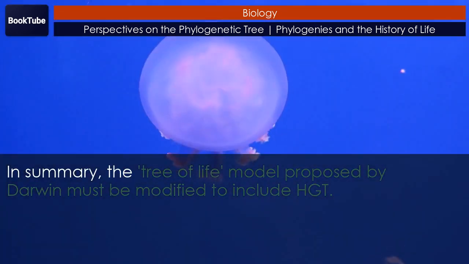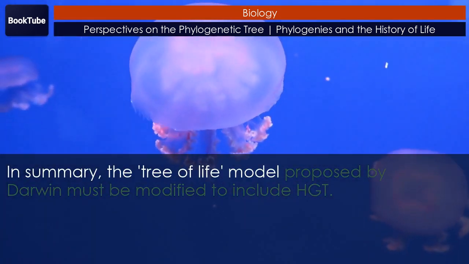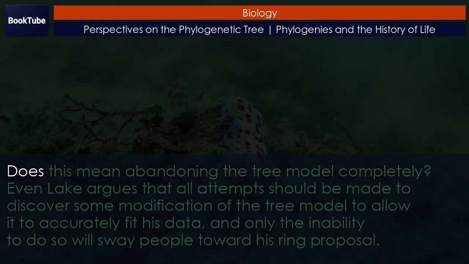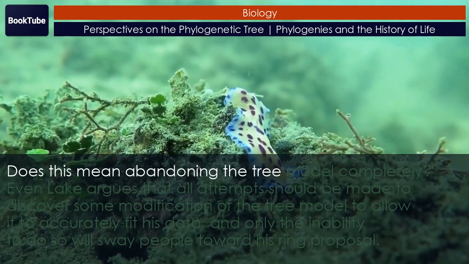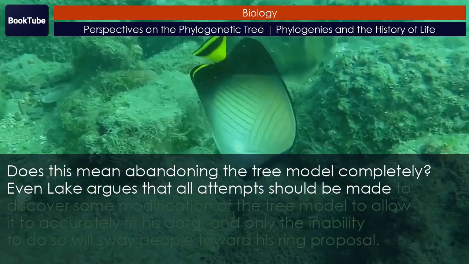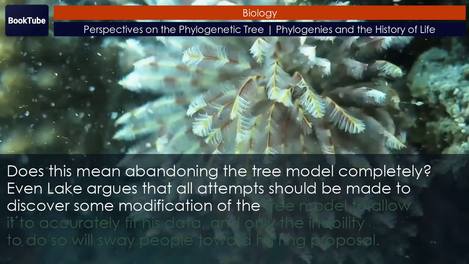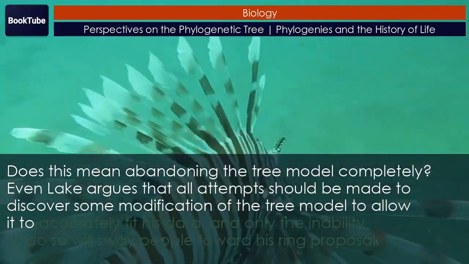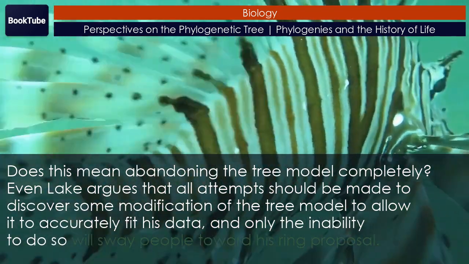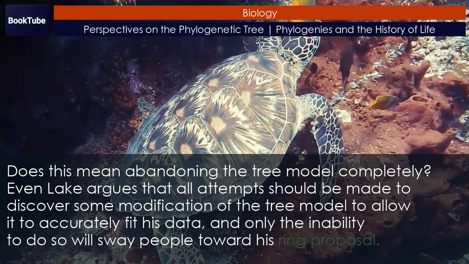In summary, the tree of life model proposed by Darwin must be modified to include HGT. Does this mean abandoning the tree model completely? Even Lake argues that all attempts should be made to discover some modification of the tree model to allow it to accurately fit his data, and only the inability to do so will sway people toward his ring proposal.